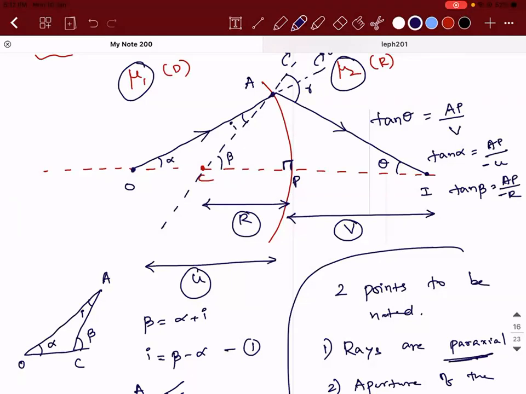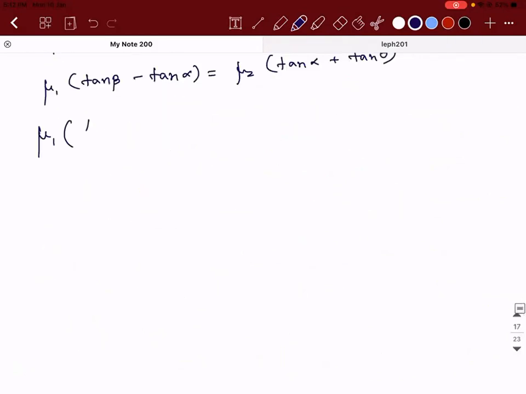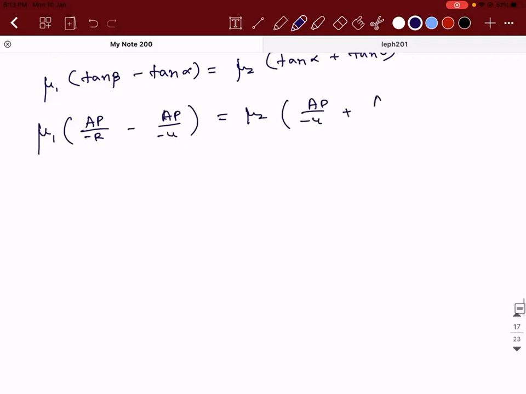Okay. So having said this, what is tan theta? AP by minus R minus tan alpha, which is AP by minus U, is equal to mu2 into AP divided by minus U plus tan theta, that is AP divided by V. So what gets cancelled? AP is gone. So mu1 by minus R plus mu1 by U is equal to minus mu2 by U plus, wait.